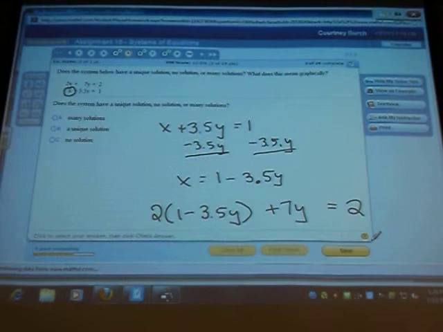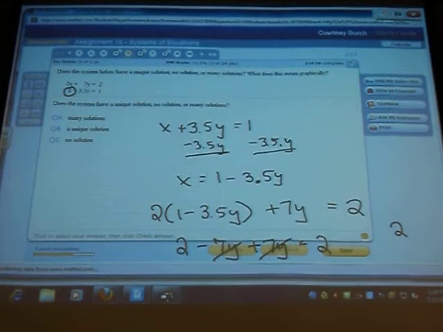Now if I distribute the 2, I get 2 minus 7y plus 7y equals 2. Now my minus 7y and 7y cancel each other out, and I end up with 2 equals 2. If you subtract the 2 from both sides, you will get 0 equals 0.